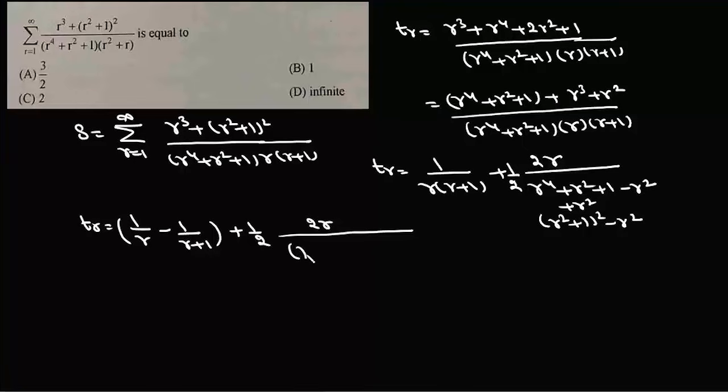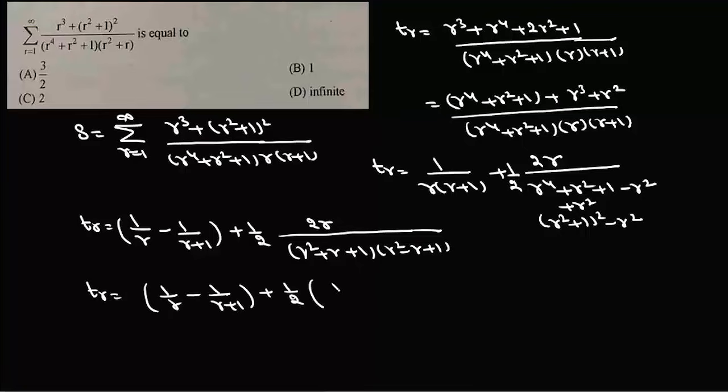Using a plus b, a minus b, it will be (r square plus r plus 1) into (r square minus r plus 1). Now we can write this as 1 upon r minus 1 upon r plus 1, plus 1 by 2, times 1 upon (r square minus r plus 1) minus 1 upon (r square plus r plus 1). So that's the general term.